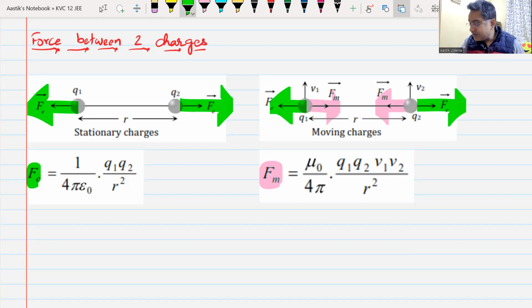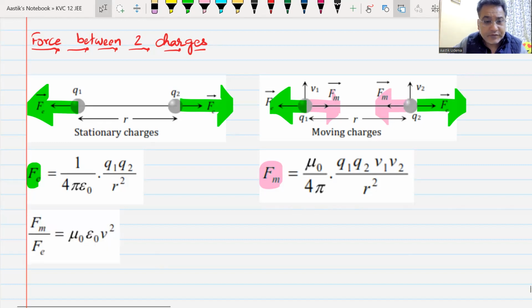If I find the ratio of these two forces, this is just for your academic interest, the ratio will be mu naught into epsilon naught multiplied by V square.